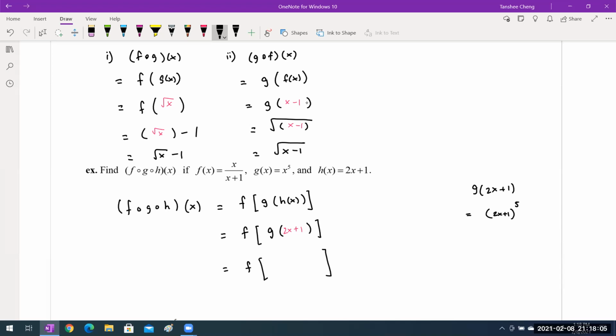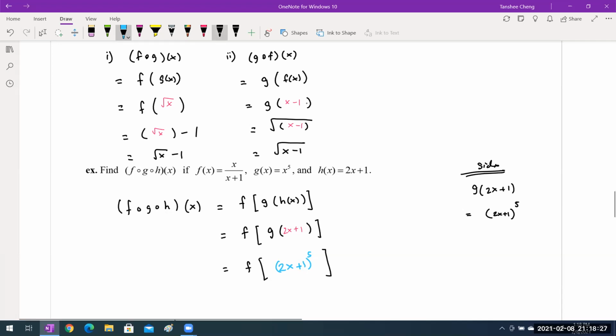Remember this is my side work, because you don't want to do a lot of things inside these little brackets and simplify. So now I will get 2x plus 1 quantity to the 5th power. That's what g of 2x plus 1 represents.